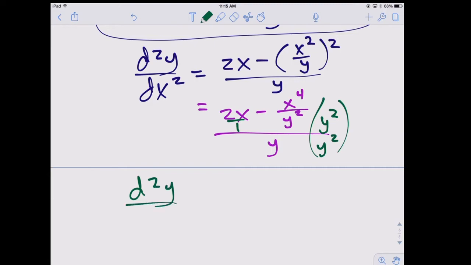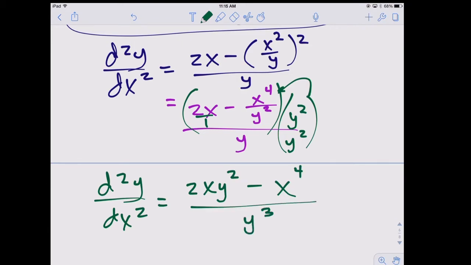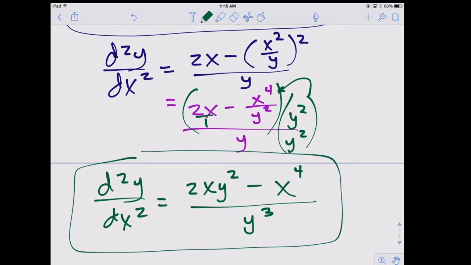And from there, we should end up with a nice version of the second derivative. If I distribute now, I'll get 2x y squared minus, your y squareds divide out in the second term, right? See that? Leaving just an x to the fourth all over a y cubed. And that is about the prettiest version of the second derivative we're going to get.